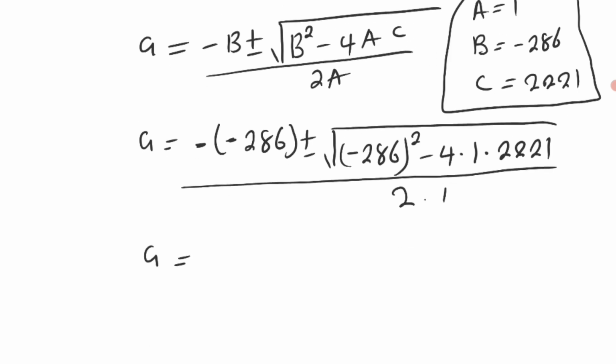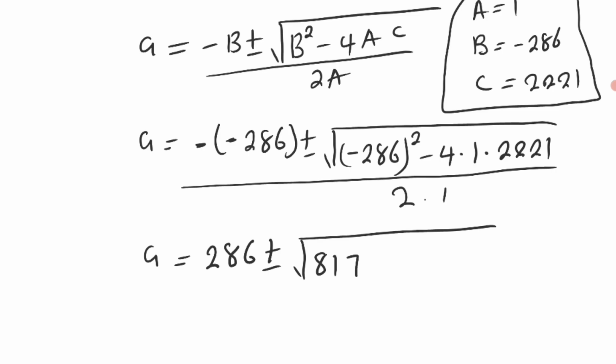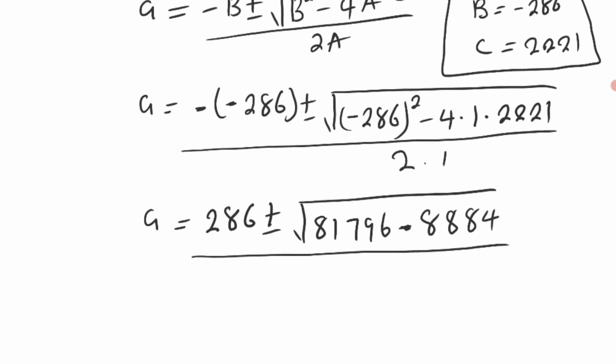Then a is equal to minus times minus 286, this is 286 plus or minus square root of, then minus 286 square, that is 81796, minus 4 multiplied by 1 multiplied by 2221, that is 8884, over 2 multiplied by 1, 2.